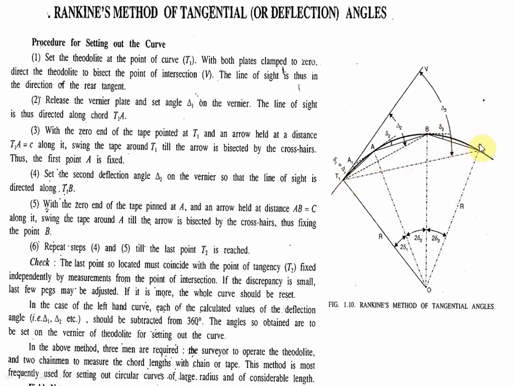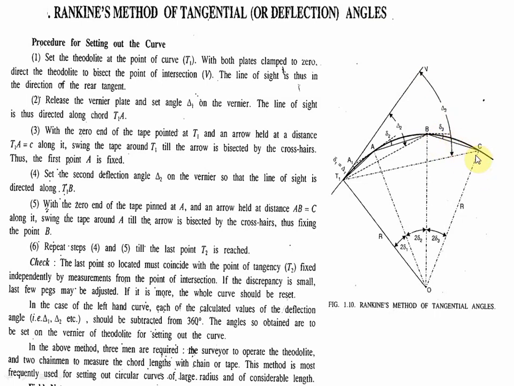To bisect the point C, release the vernier and set it to deflection angle delta 3. After setting the theodolite to delta 3, hold the zero end of the tape at point B. The length of the tape should be equal to BC, that is chord 3.